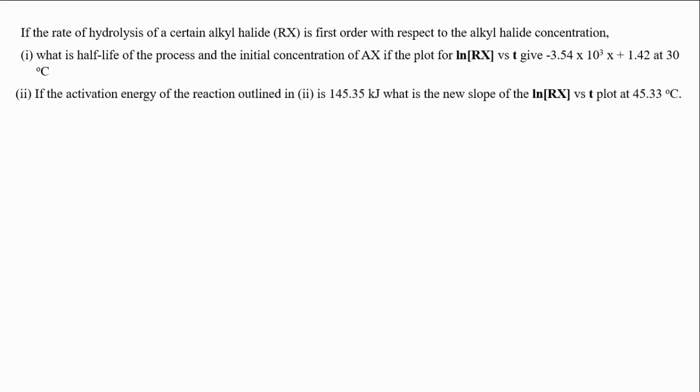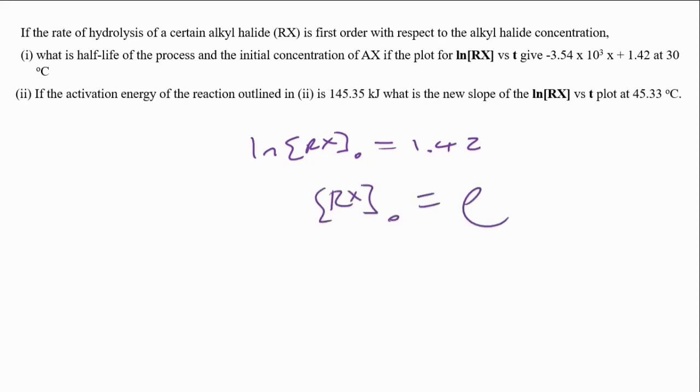We said that ln RX naught is equal to 1.42. So it simply means that the initial concentration of RX must be the exponential of 1.42, which works out to be, let me just check that, something like 4.14. All right, so we managed to solve that one successfully.